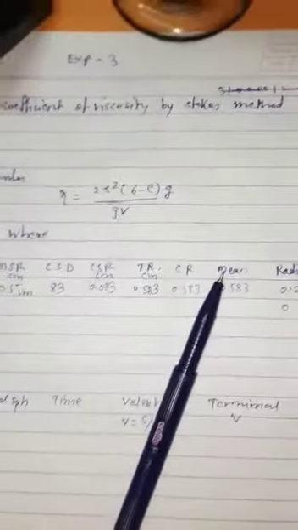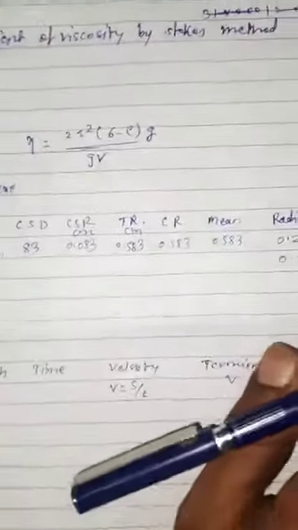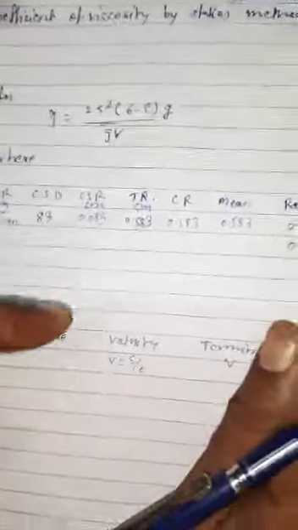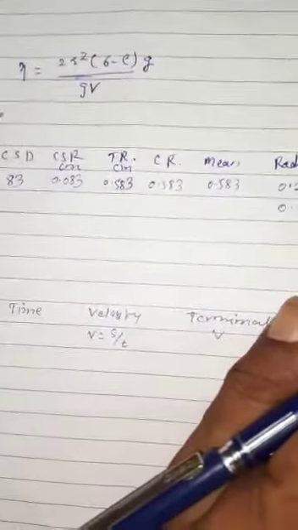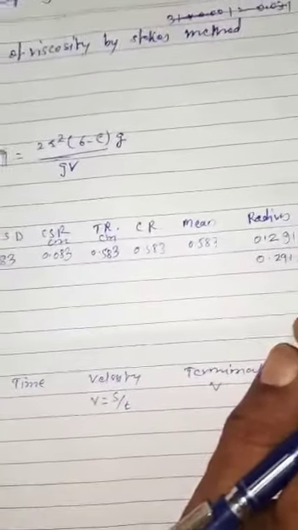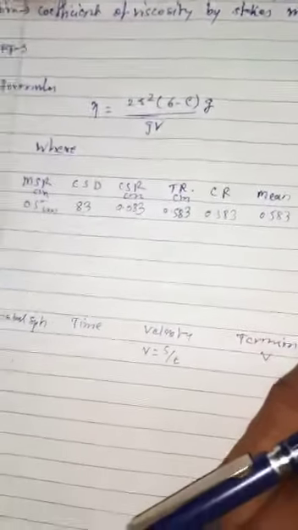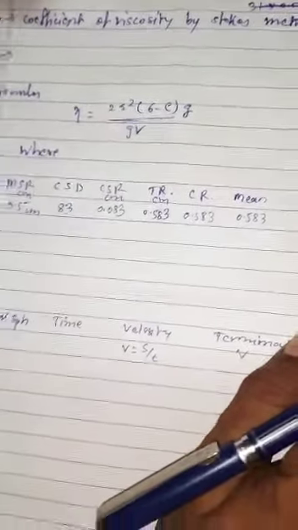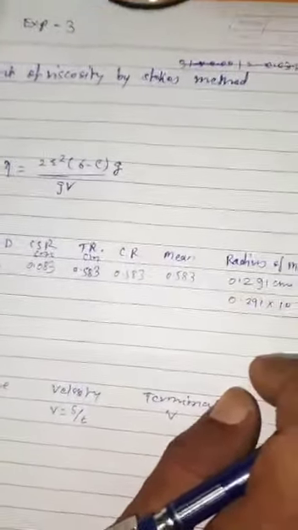Listen here, students, the density of the liquid is given, that is 1.26, and the density of the sphere we calculate from the mass of the sphere and the volume of the sphere. For the first reading we take this spherical ball.